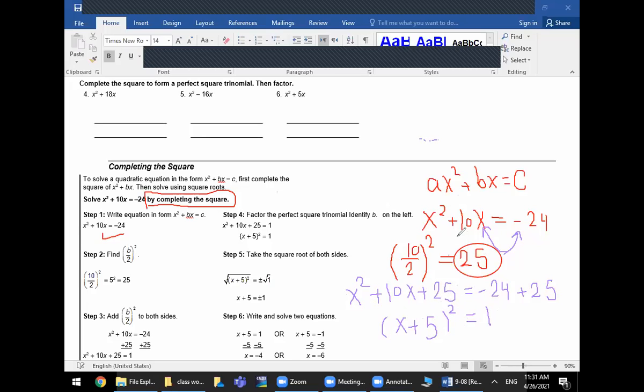Then, let me remind you of the steps again. First, we write the equation in the form ax squared plus bx equals c. We found the term. Then I'm going to add this term to the right side and to the left side. After that, we have x to the power of 2 plus 10x plus 25 equal to negative 24 plus 25.